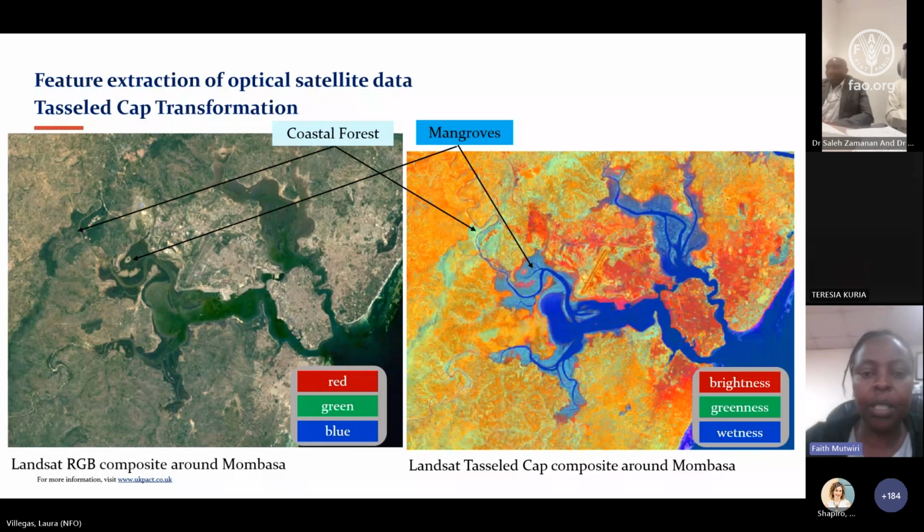On the right is a tasseled cap composite of the same image. It has 3 components: brightness, shown in red, greenness in green, and wetness in blue. You see the tasseled cap separates the areas very well, where there is water, mangrove or other vegetation. Next.